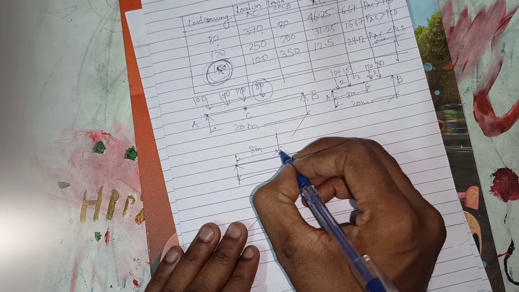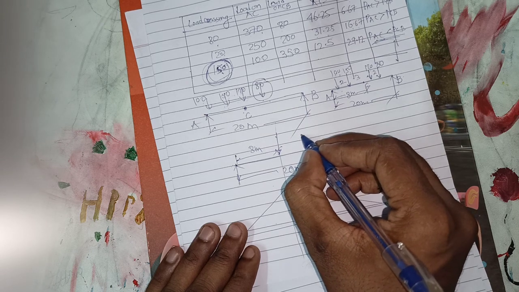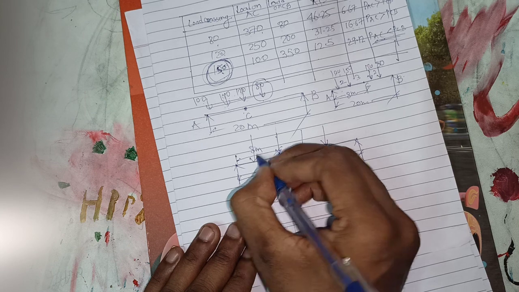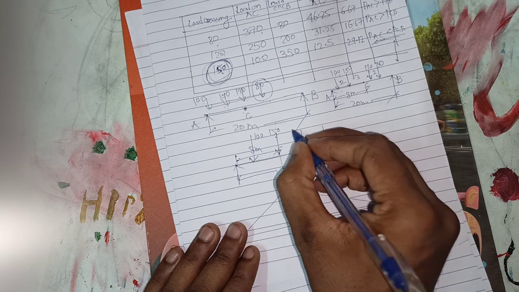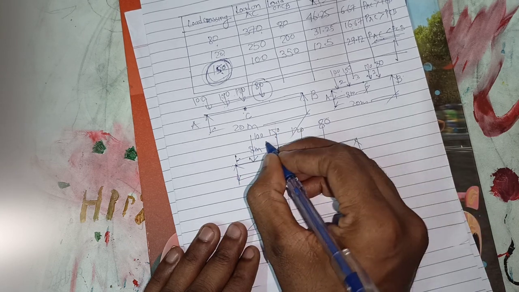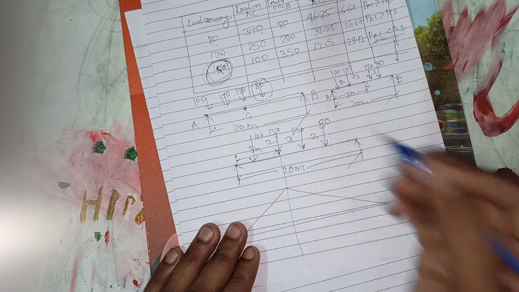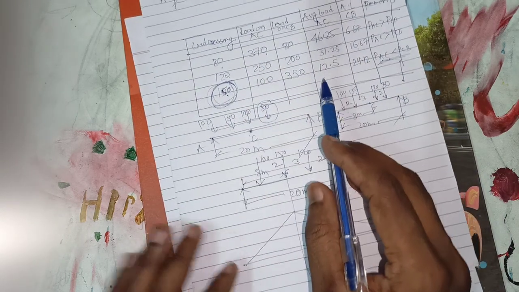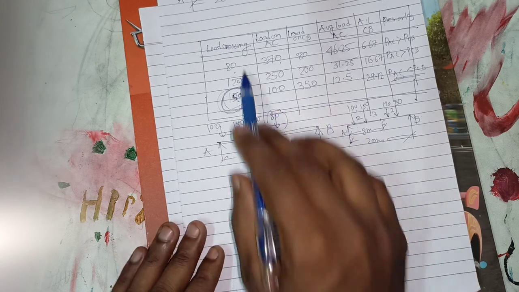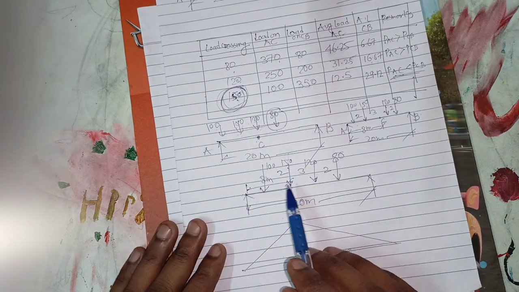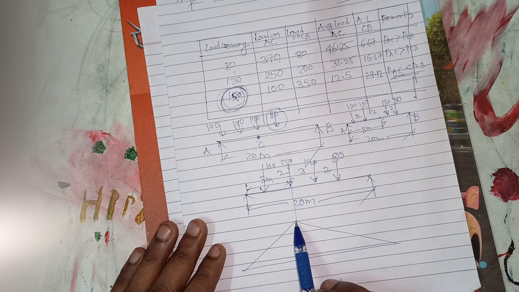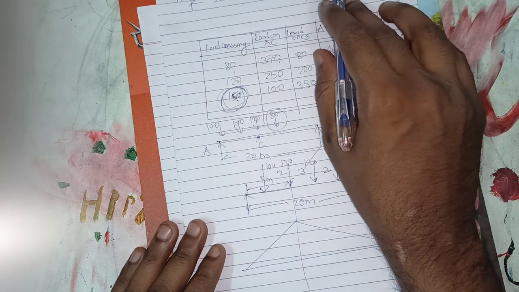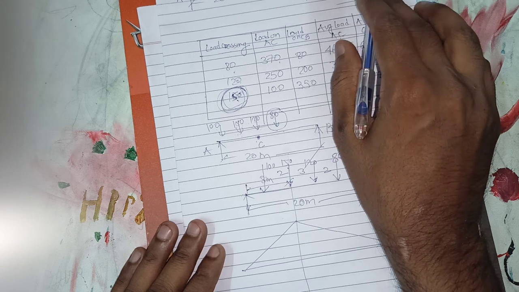Here 150, then here 120, here 80, and here it will be 100. 150, 120 and 80. The distance is 2 meter, 3 meter and 2 meter. So this is the table which is used to check which maximum load is going to come on a particular point, because here n number of loads are there, 100 kilonewton, 150 kilonewton, 120 kilonewton and 80 kilonewton.